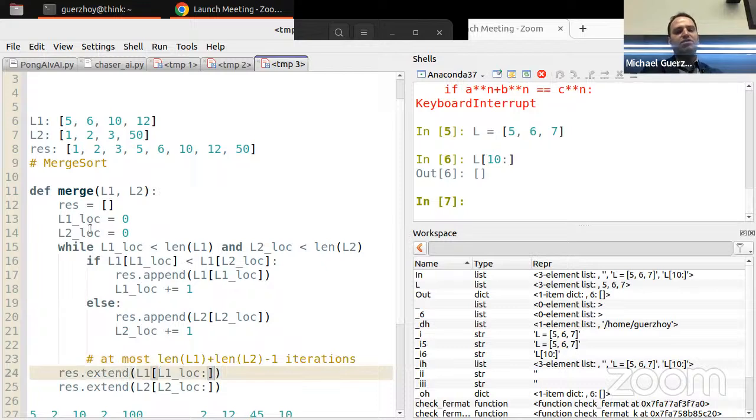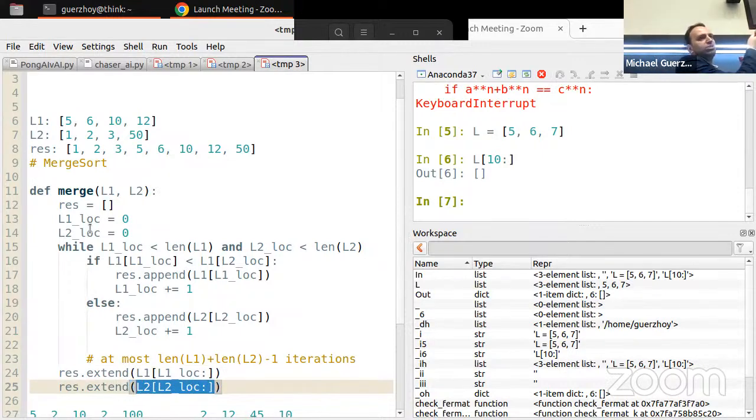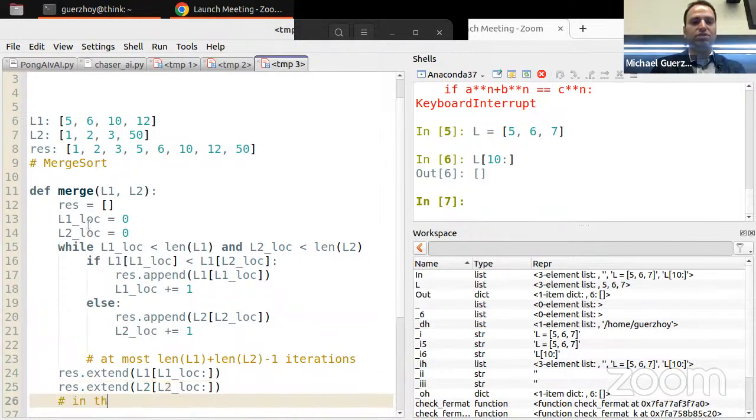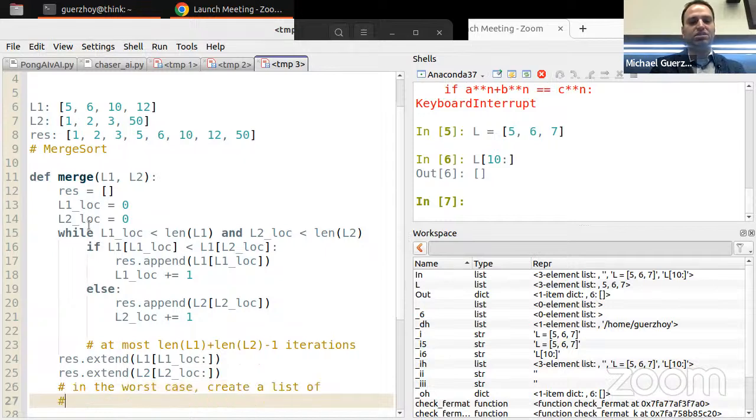And then here, basically, you're going to make up for what you haven't inserted up to now. In the worst case, you just need to create a list that's almost as long as L2 or a list that's almost as long as L1. So in the worst case, create a list of length less than length of L1 plus L2, which is the same.